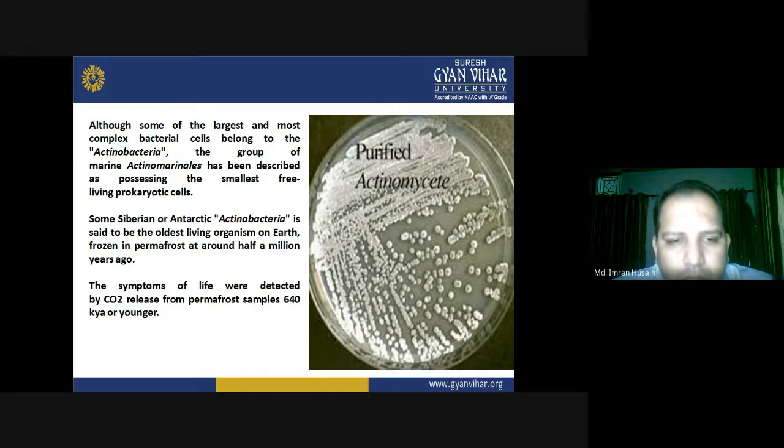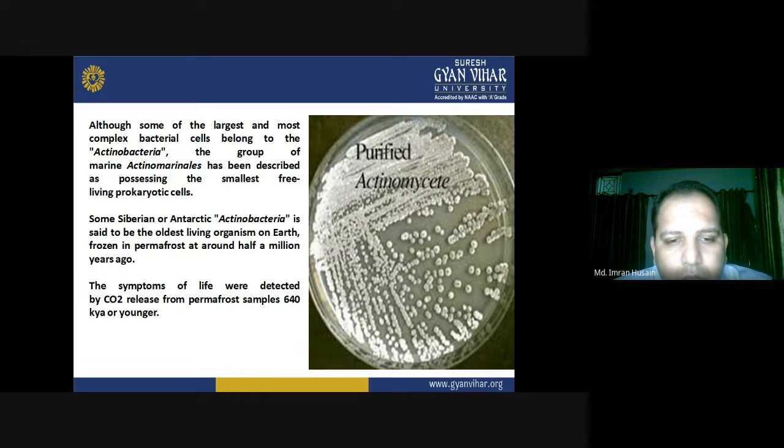But what they have found is that in permafrost, they found the actinobacteria frozen in them, right? And it was around half a million years ago. So they are known to be the oldest living organism on Earth, and they have been linked with the first living form of bacteria that were widespread on the Earth.